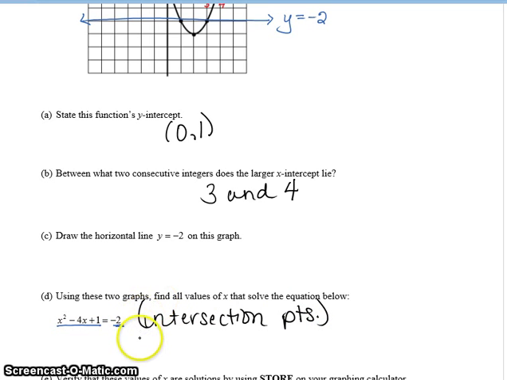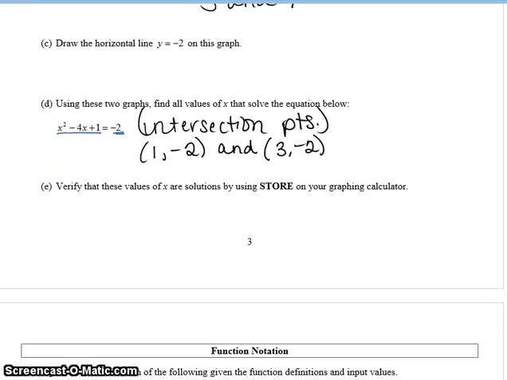So if I look at that graph, it's intersecting at the point 1, negative 2, and it's intersecting at 3, negative 2. Verify that these values of x are solutions by using the store on your graphing calculator.